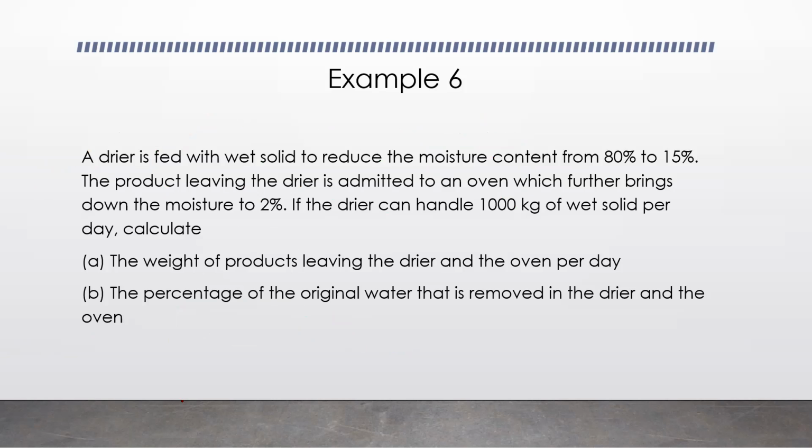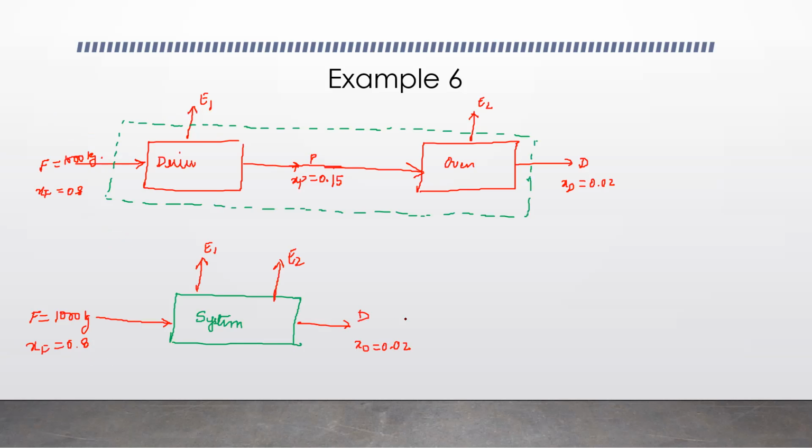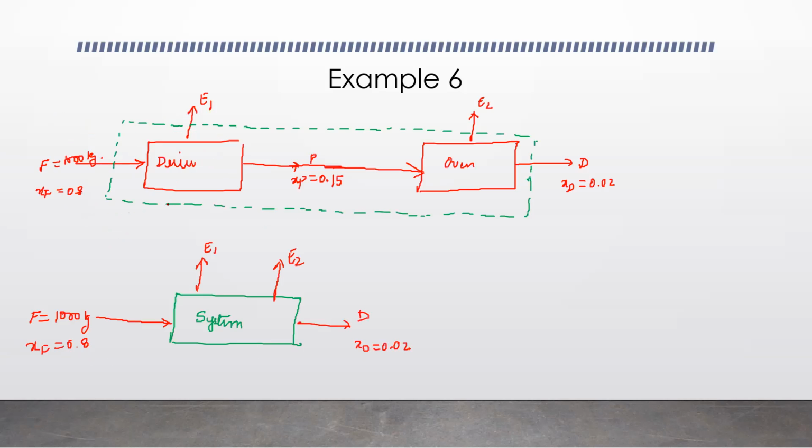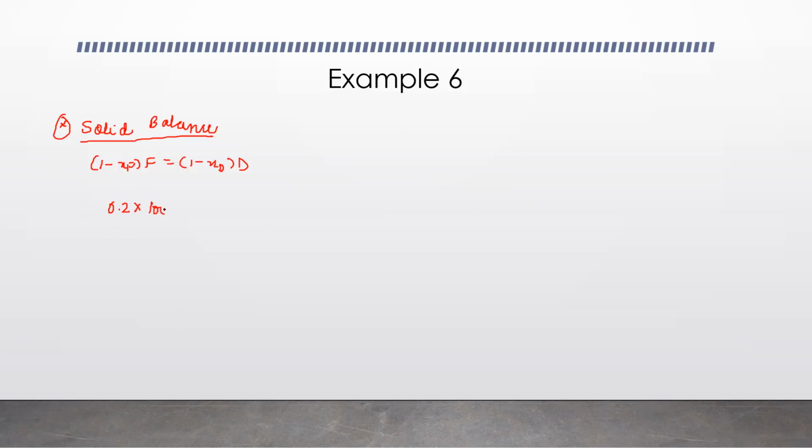So now you all know what has to be done. The first thing that you have to do is solid balance. So the solid balance is (1 minus XF) into F, solid input, is equal to (1 minus XD) into D. XF is 0.8, so this is going to be 0.2, F is 1000, so 0.2 into 1000.